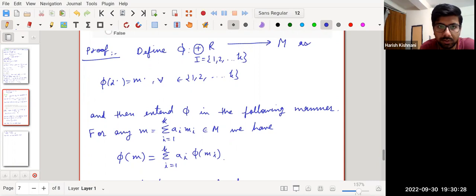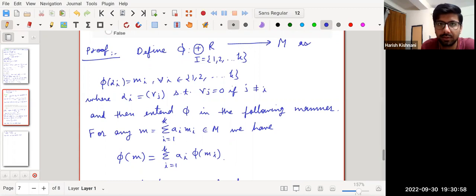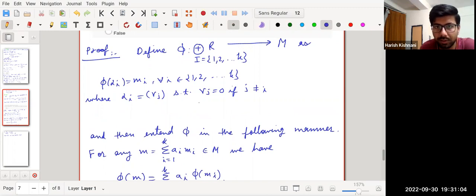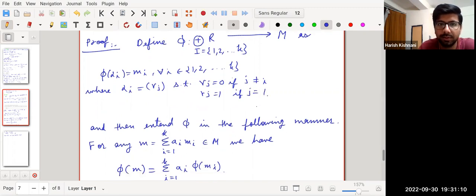So phi of alpha i is mi, where you have a specific representation of alpha i, which is just rj such that rj is 0 if j is not equal to i, and rj is 1 if j equal to i. Now we can extend phi in the following manner.